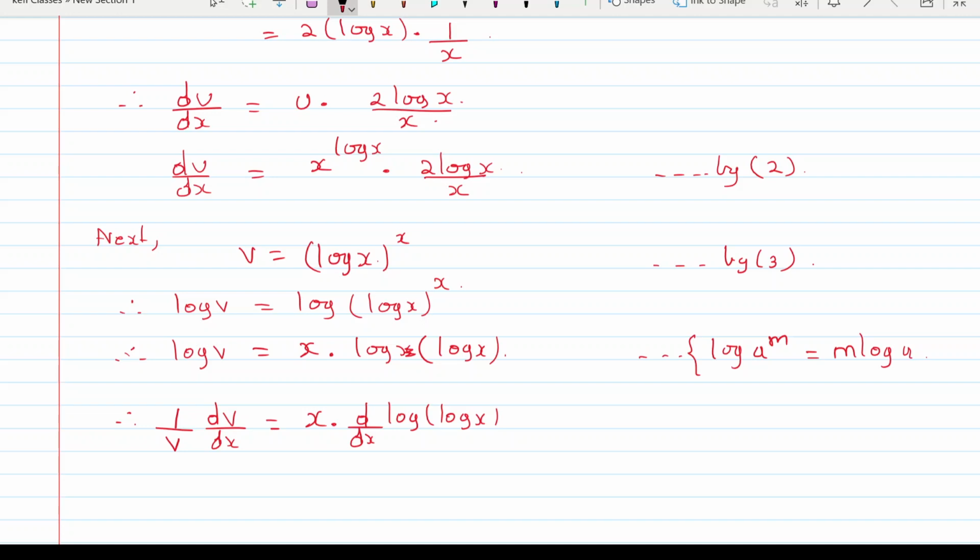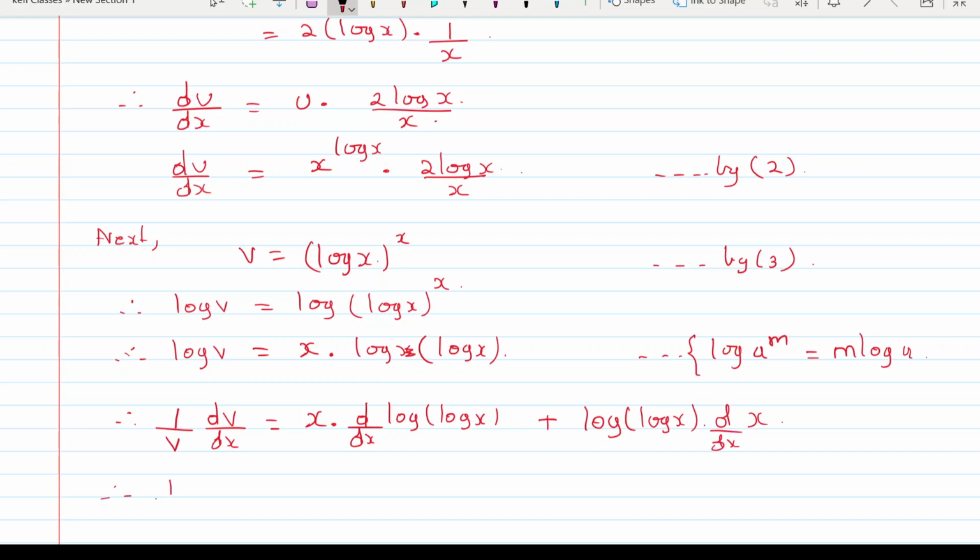So x and x cancel, and what remains? 1 by log x, right? Plus log of log x into 1. So that's the answer: 1 by log x plus log of log x. This will be plus log of log x into d by dx of x.